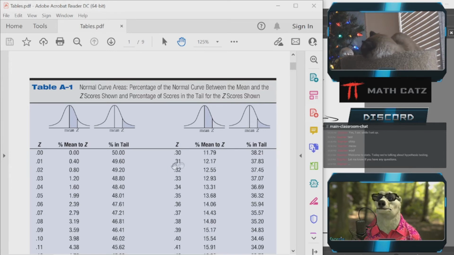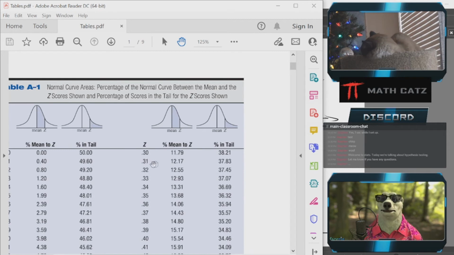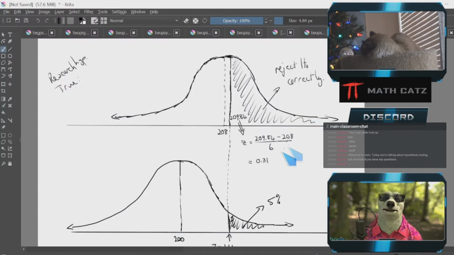Z-score 0.31 sits over here: 37.38%. So that means the rest is, of course, 100% minus 37.38%, which will be 62.17%.